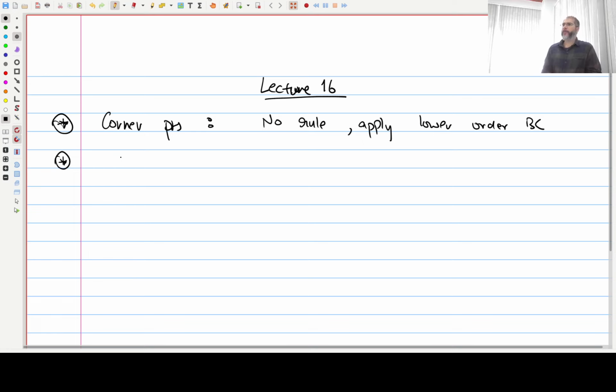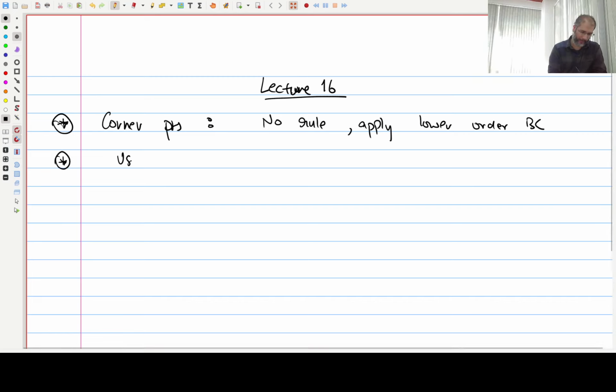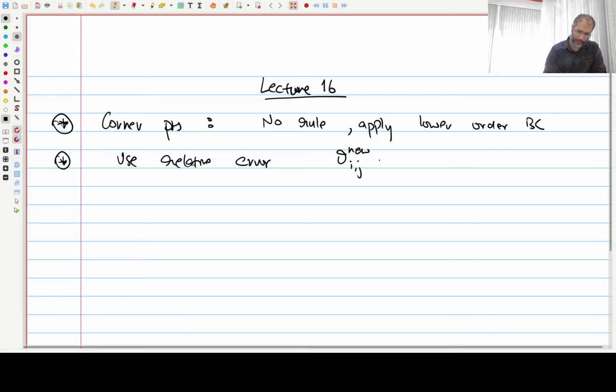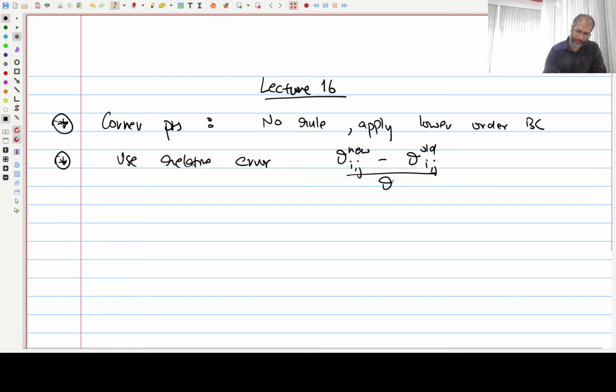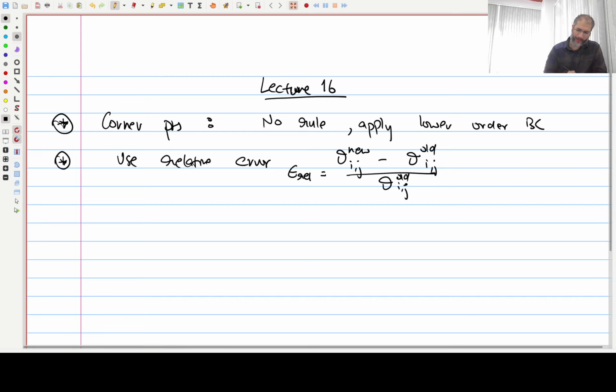So, stopping criteria for iteration. If you are applying the L2 norm, rather than using the error, we tend to use the relative error. So we say theta new ij minus theta old ij, and then you divide that by theta old ij, so that gives you the epsilon relative.